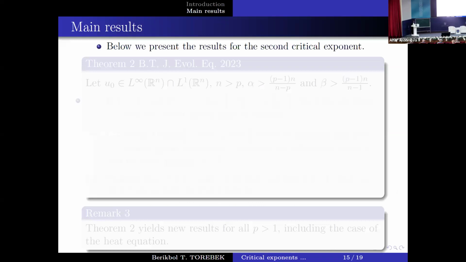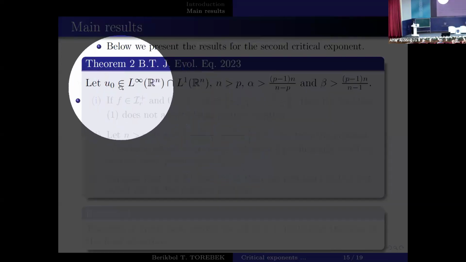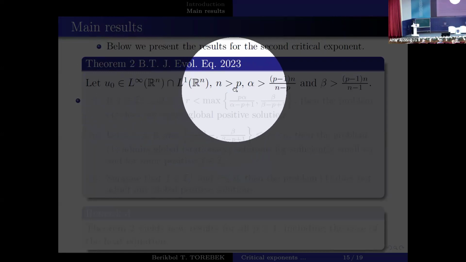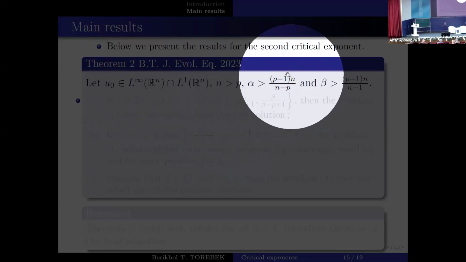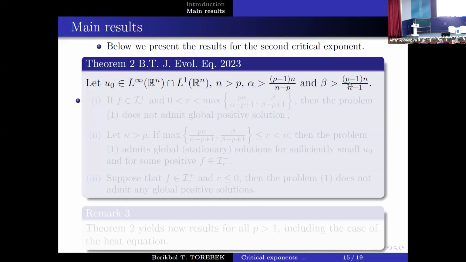And let us formulate the second result. Also suppose that the initial function is a bounded and integrable function, n greater than p, alpha greater than this number, and beta also greater than this critical exponent.